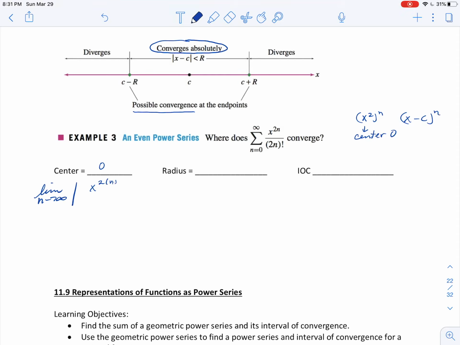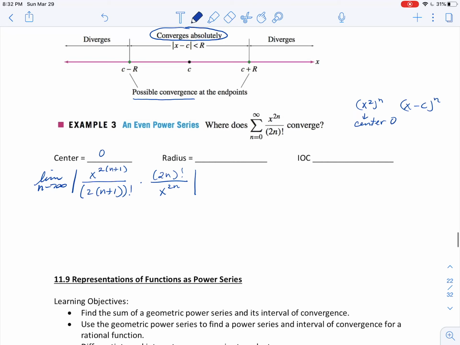The limit of the n plus first term, that's x to the 2 times n plus 1, over 2 times n plus 1 factorial, times the reciprocal of the nth term. Now again, x may be positive or negative, so we can't really drop the absolute values yet.